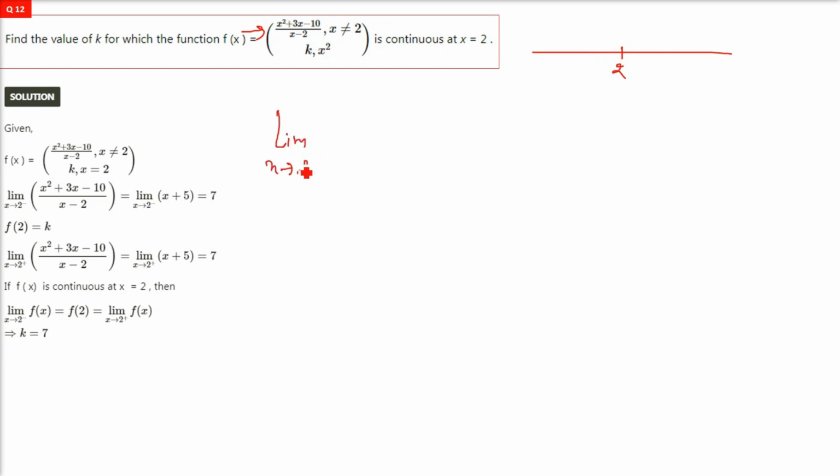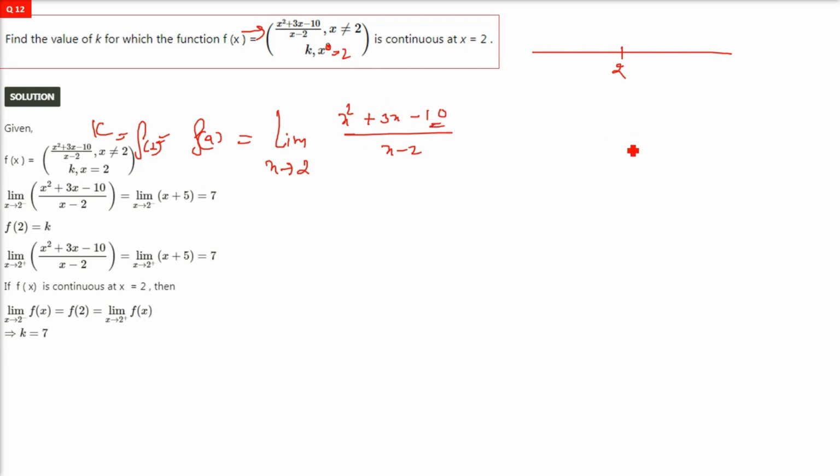So we will just find out the limit as x tends to 2 of x square plus 3x minus 10 divided by x minus 2, and we have to equate it with k. The value of f(2) is already given as k, so whatever is the solution of the limit we will equate it to k.